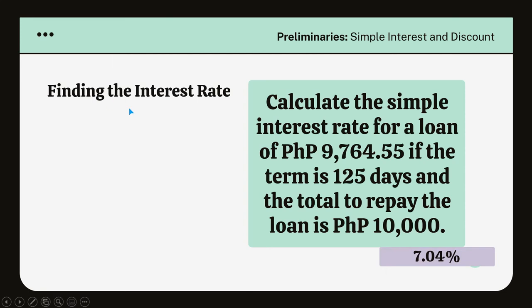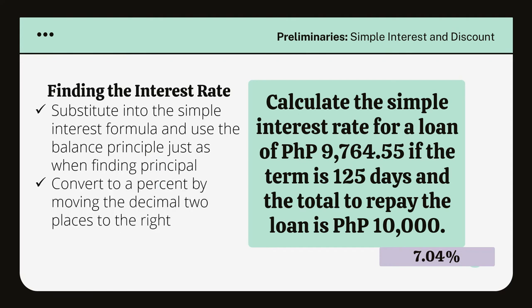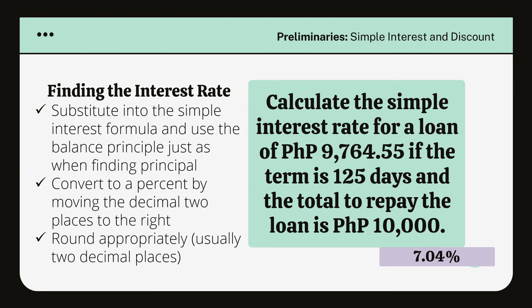All right, so in finding the interest rate, in this case, rate naman ang hinahanap natin, again, simply substitute in the simple interest formula and use the balance principle just as when we were finding for the principal. And of course, you need to convert to a percent by moving the decimal 2 places to the right. And afterwards, you're gonna round appropriately, and usually we use 2 decimal places.